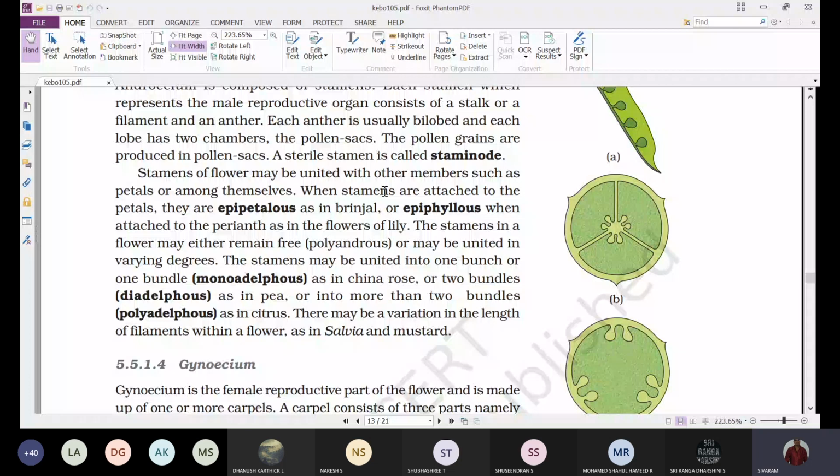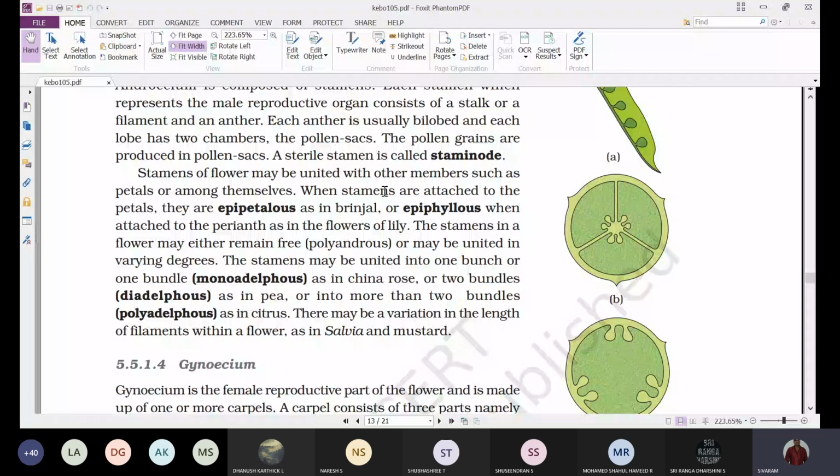It is observed in case of lily. In lily we can see the sepals and petals are undifferentiated.